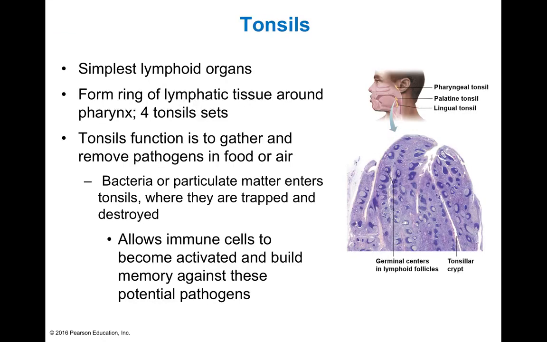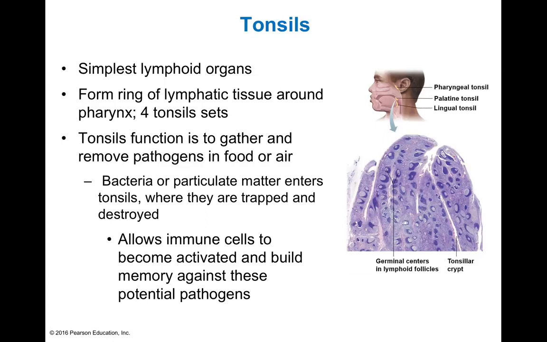If you remember, we mentioned tonsils earlier. They are located around your pharynx, or your throat. There are a total of 4 sets. And remember that I mentioned that these structures are not complex, but relatively simple. They act as the first barrier for anything that enters through your mouth or your nasal cavity.